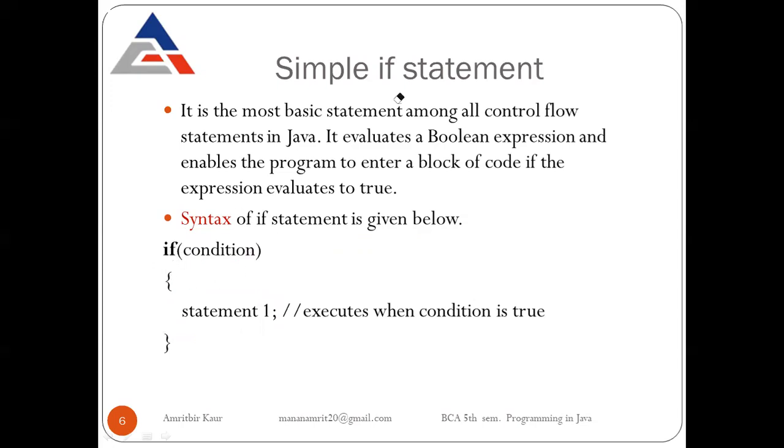If the condition is true, then the compiler will enter the block. If the condition is false, then the control will go outside the block, it will not enter the block.